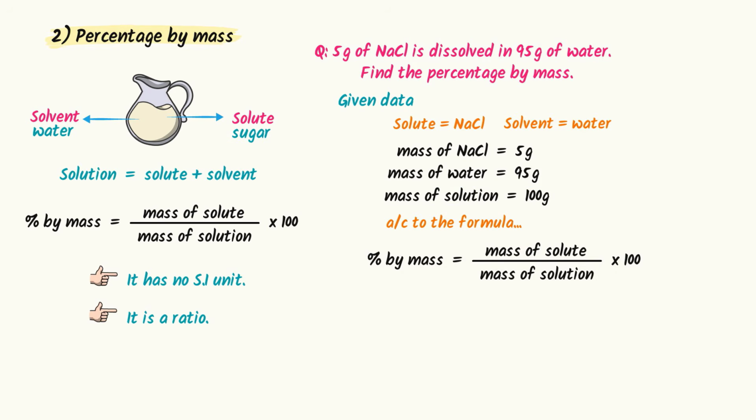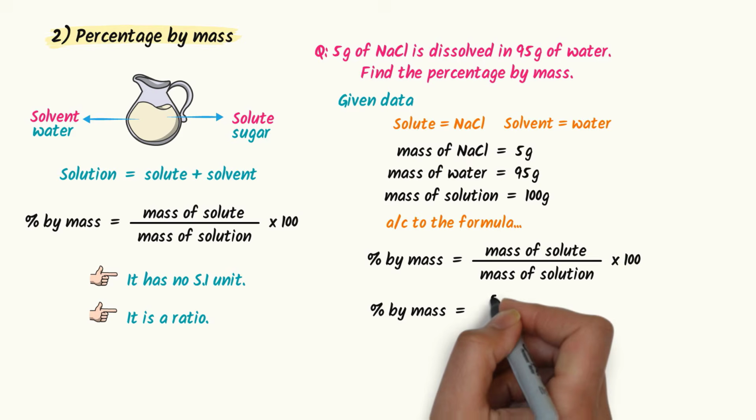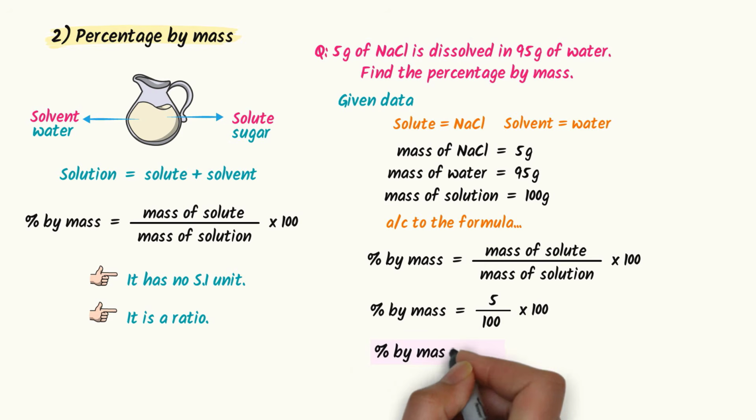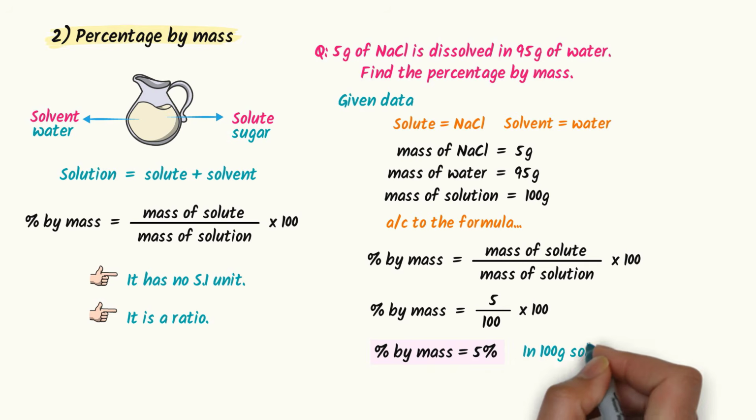According to the formula, percentage by mass is equal to mass of solute upon mass of solution into 100. The given mass of solute is 5 gram and that of solution is 100 gram. After calculation, I get 5%. So the percentage composition by mass of this solution is 5%. It means that in 100 gram of solution, 5 gram of solute or 5 gram of table salt is present.